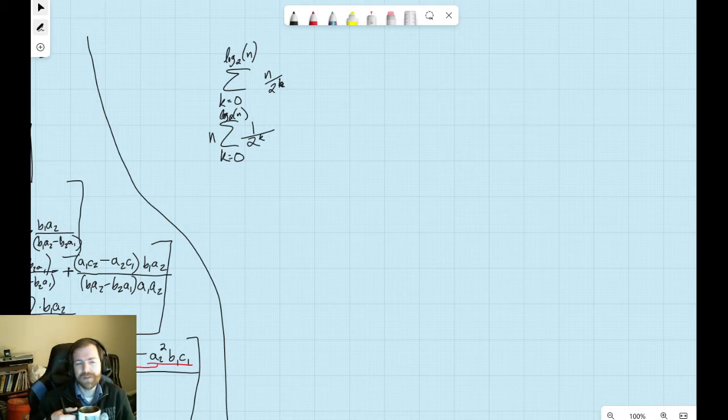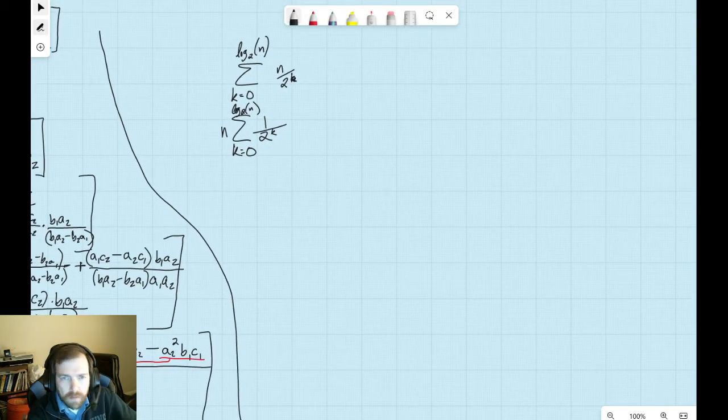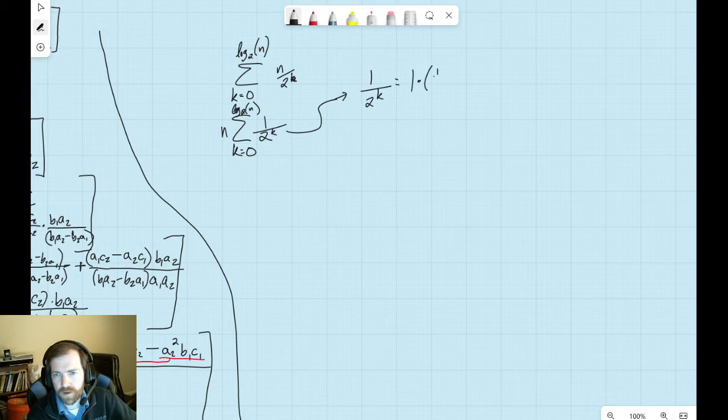This mess? What do you mean, this mess? Though I will say I know exactly what this is. Alright. So, 1 over 2 to the k is equal to 1 times 1/2 to the k, which is a geometric series. Well, geometric sequence.